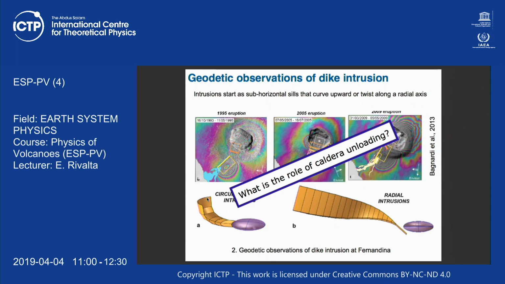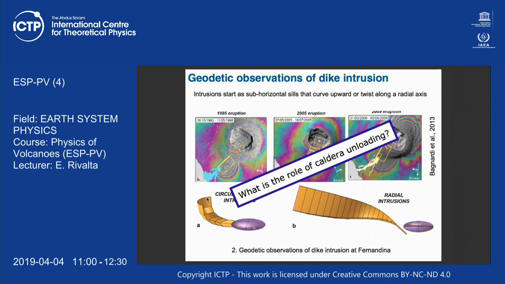While in this case here, it started like a flat thing, and then it did something like this. It started like this, and then it tilted. And when it tilted, at some point, before becoming vertical, it intersected the volcano surface, and it made a radial fissure.